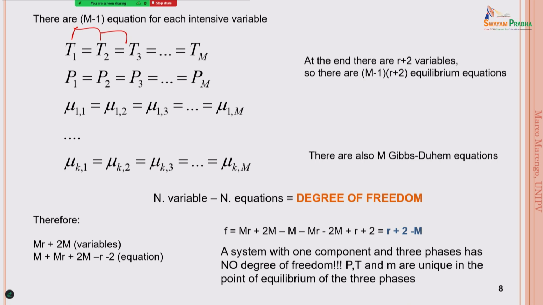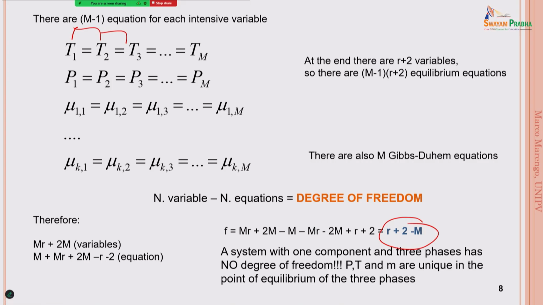So at the end we land with this expression: we have r plus 2 minus m degrees of freedom. So if the system has one component, so r is equal to 1, and three phases, 1 plus 2 minus 3, there is no degree of freedom.